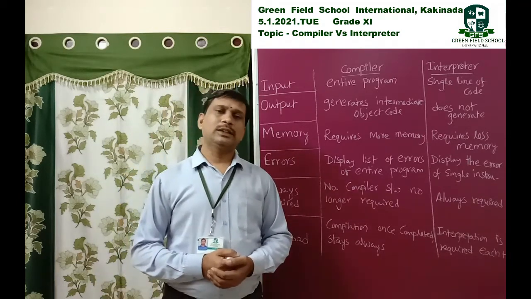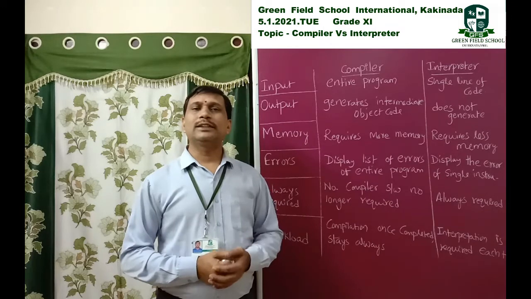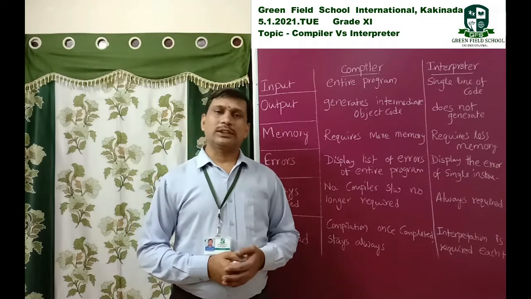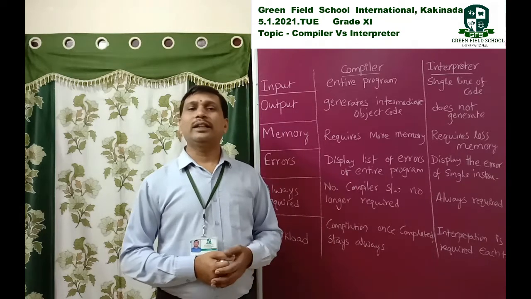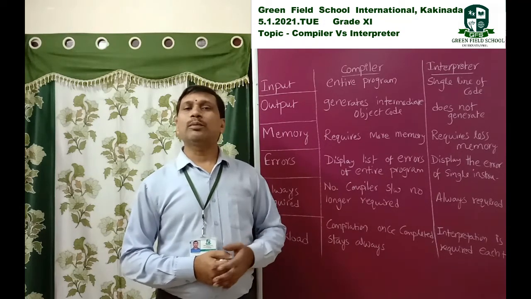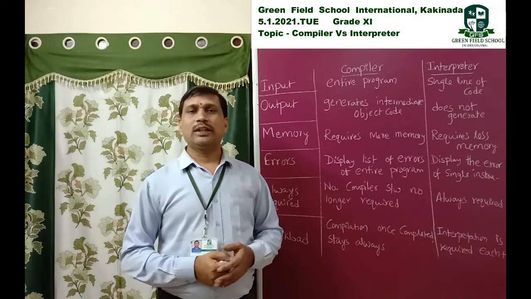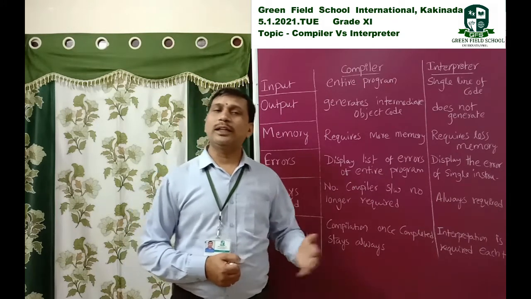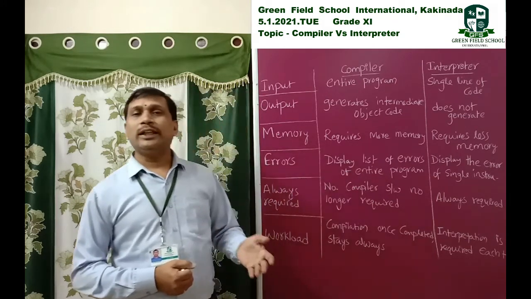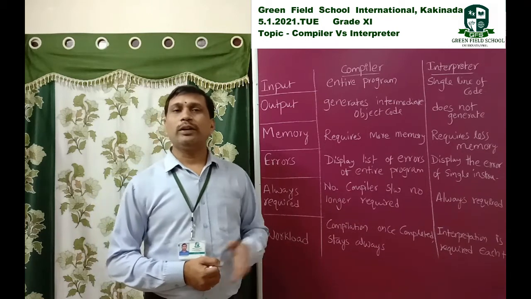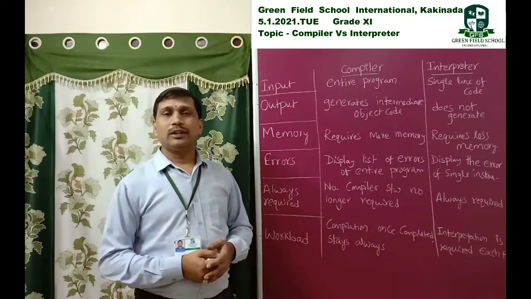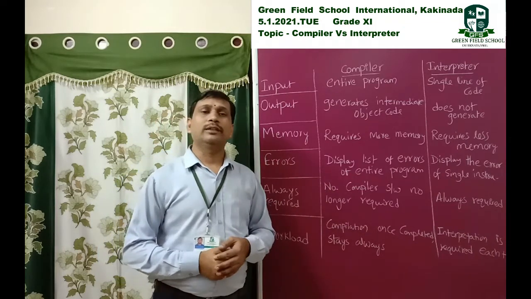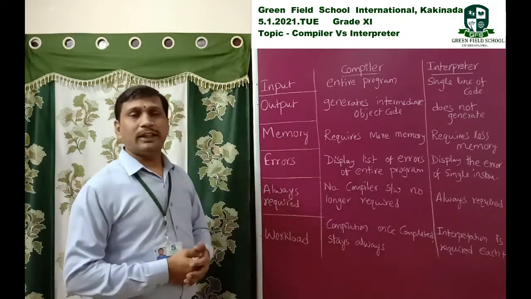Last class we discussed the concepts of the translation process, that is related to compiler and interpreter translator programs, how to convert by using the compilation process and by using the interpretation process. Today we discuss the differences between the compiler and interpreter.